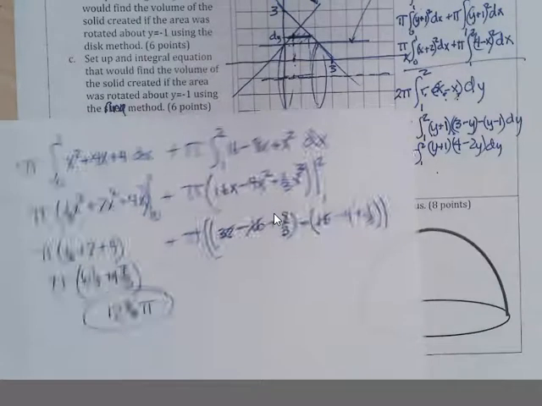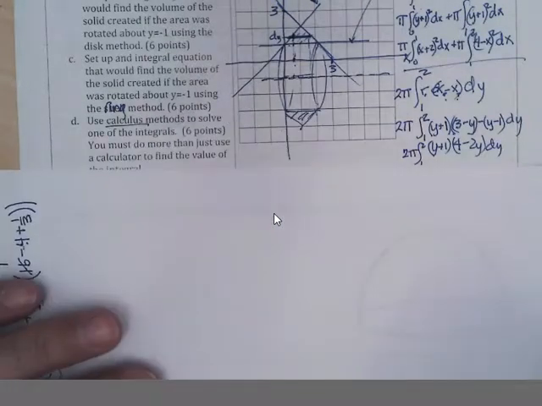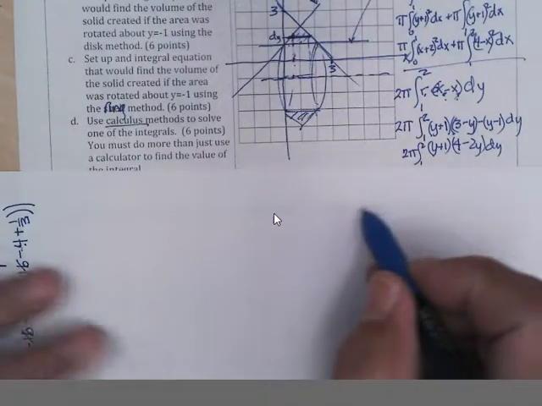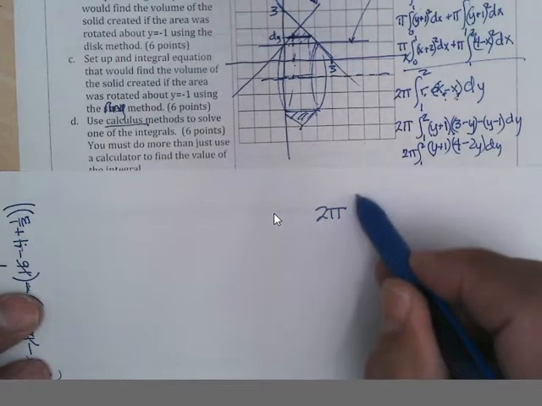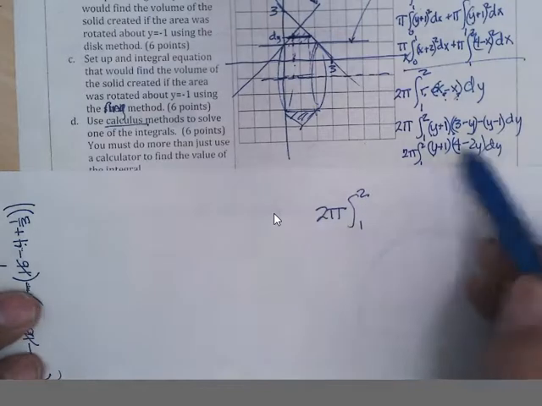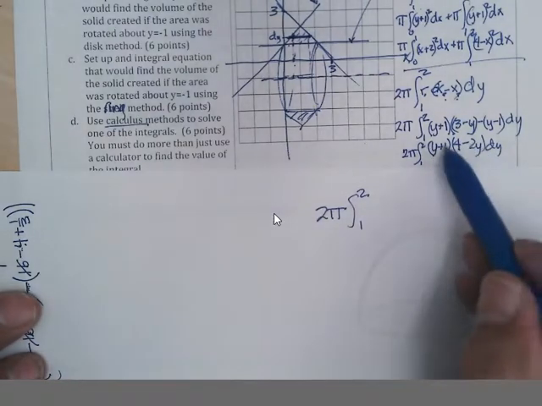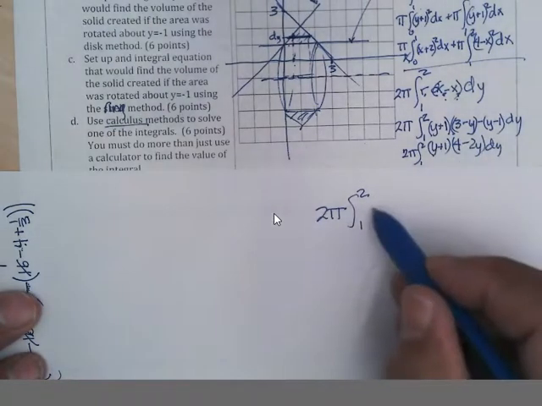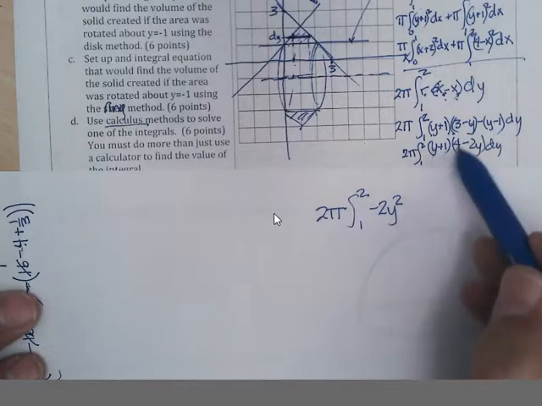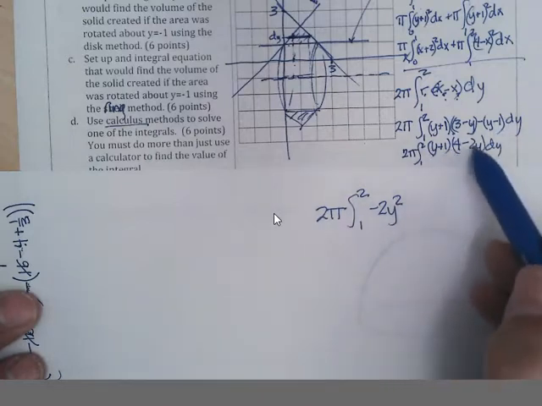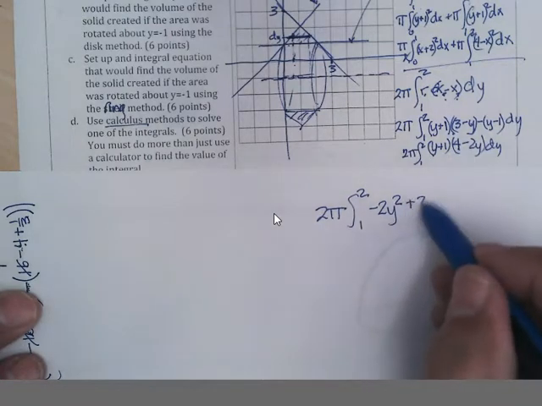All right, let's do the other one and see if I get the same thing. So I do 2 pi, integral from 1 to 2. This would be minus 2y squared plus 4y minus 2y is plus 2y.